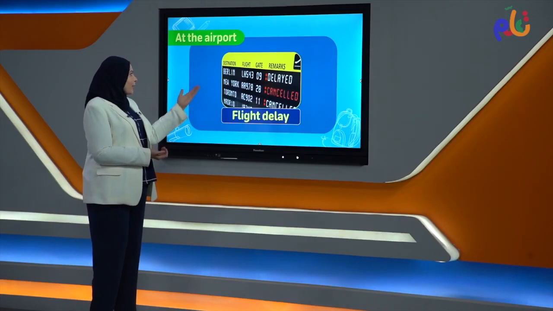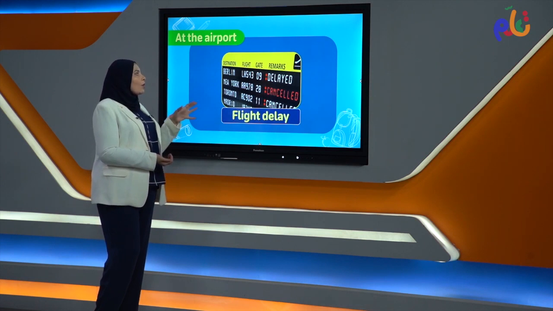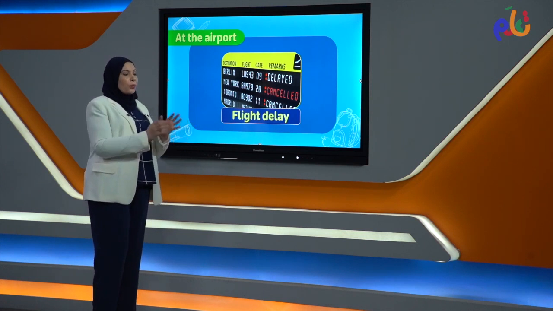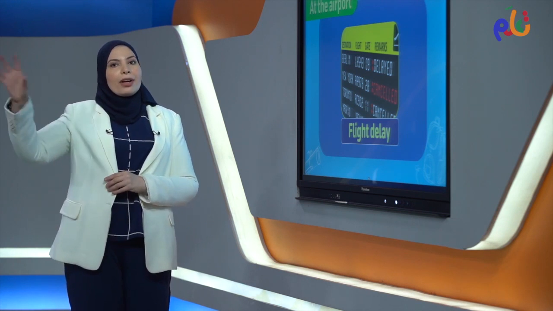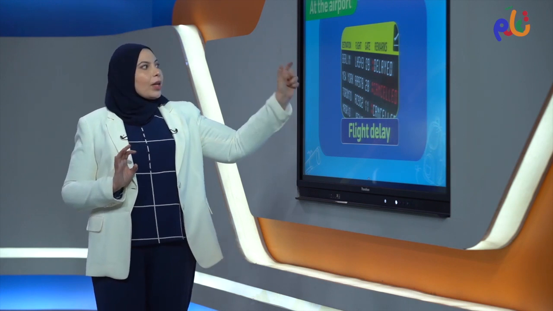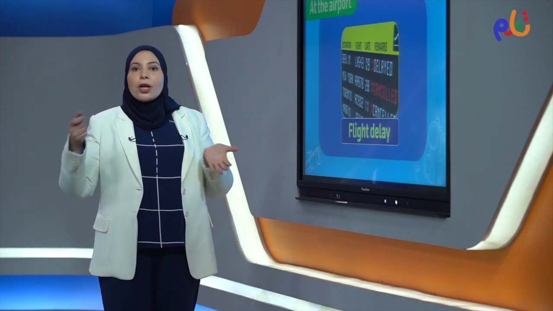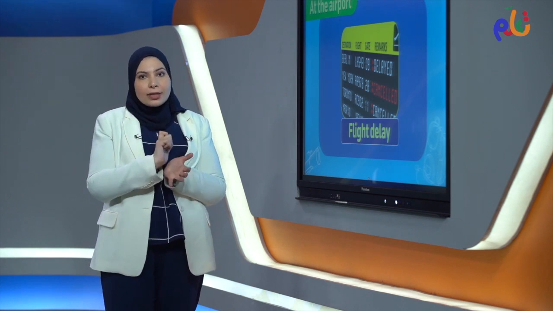What do we mean by that? We mean that you will find, for example, the destination, the place that you are traveling to, and you will find the flight number. So we are in Egypt and we are traveling to America. So we will find the destination, America, and the flight number. This is the number of my airplane and we find it on the ticket.